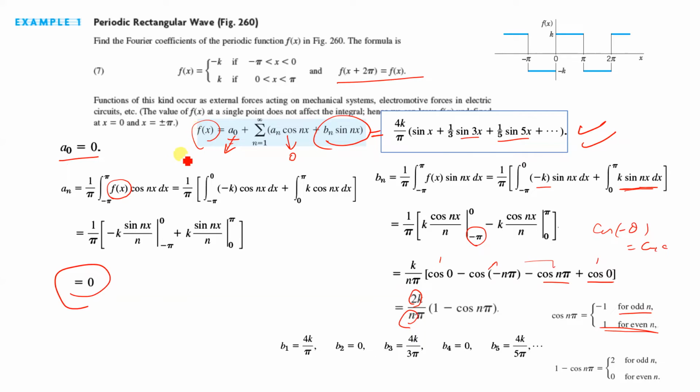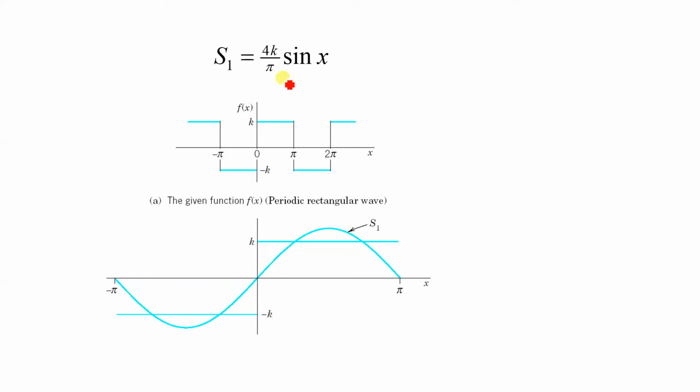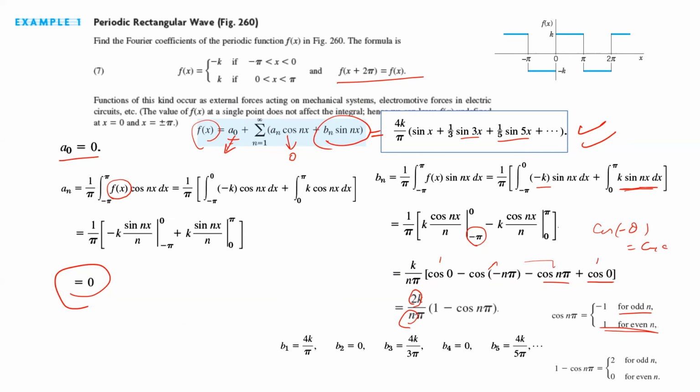So if we approximate this function with a finite number of terms in the series, then these approximations are called partial sums. Like if we have n equal to 1, that is, if we consider only the first term, then this is called S1.